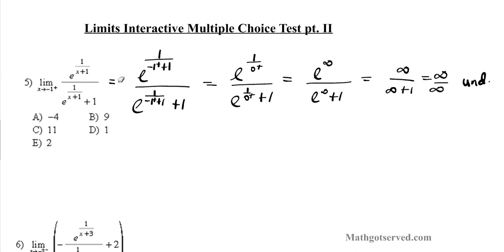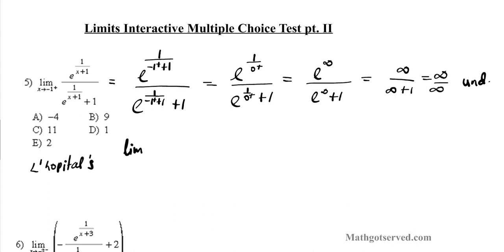So the other method we can use here is something known as L'Hopital's rule, okay? L'Hopital's rule just involves finding the derivative of this expression and then taking the limit. We just take the derivative of the numerator and the denominator.